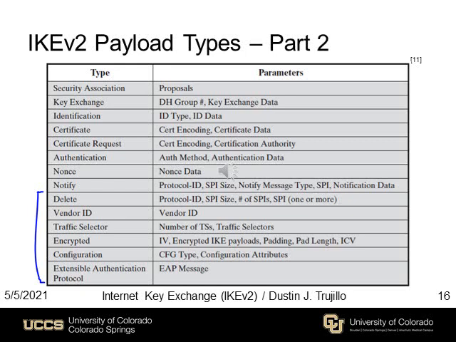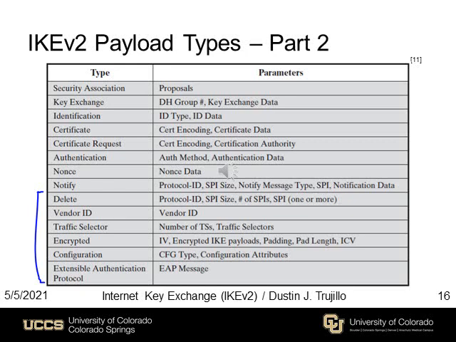With regards to the encrypted payload type, this payload type contains other payloads in encrypted form. Now, the encrypted payload format is actually similar to that of the encapsulated security payload, or the ESP, which is actually something that was discussed in an earlier chapter of our class textbook. Similarly, the encrypted payload type may actually include an initialization vector if the encryption algorithm requires it, as well as an ICV if authentication is selected.